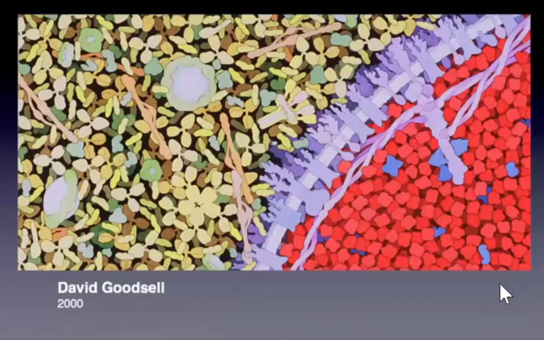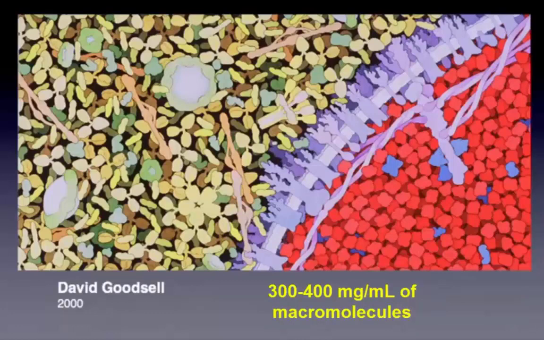But in reality, inside this cell, the mass of that material is huge. The amount of material inside the cell, if you calculate, is about 300 to 400 milligrams per milliliter.